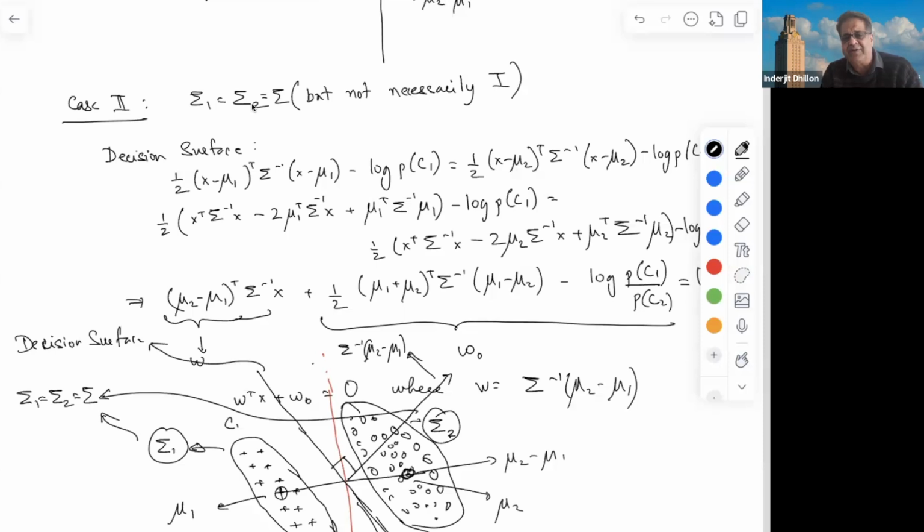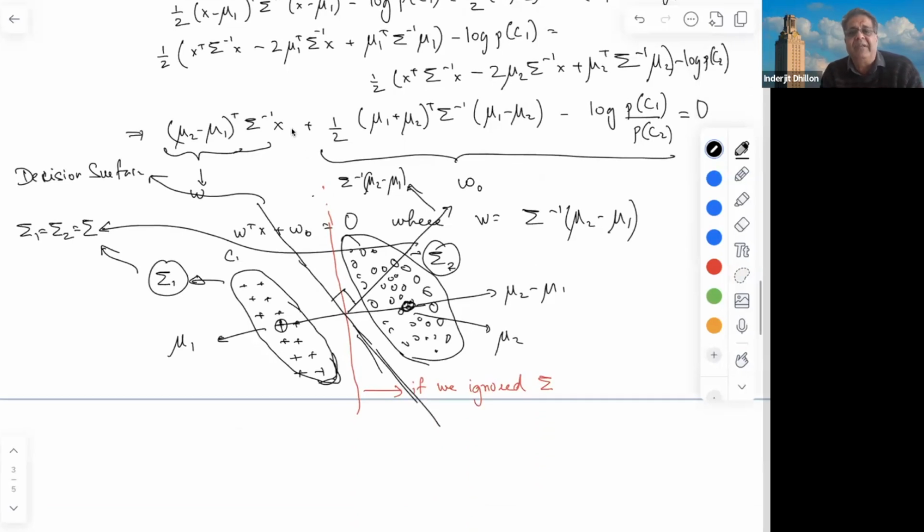At the beginning, it looks like maybe this will be a quadratic decision surface. But it turns out that things cancel out and you still get a linear decision surface, that means you still get a hyperplane.